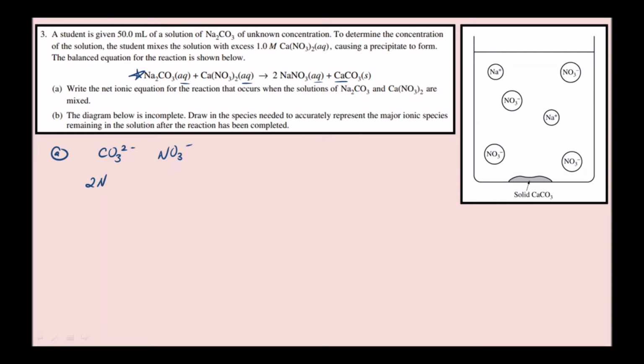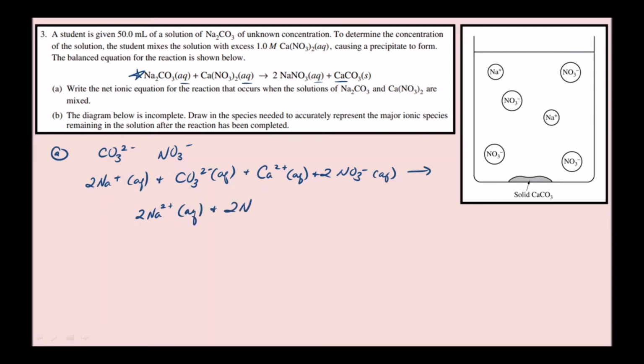So we have 2 sodium ions, aqueous, plus a carbonate anion, and a calcium 2+ cation, and 2 nitrate anions, and this goes to 2 sodium ions, aqueous, and 2 nitrate anions, and our solid, calcium carbonate.